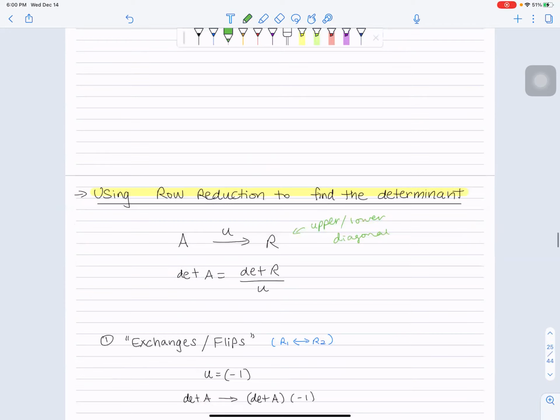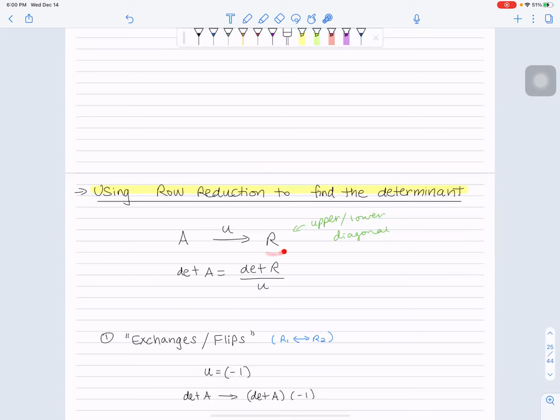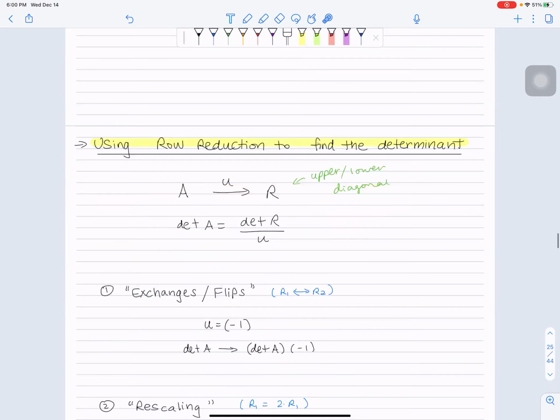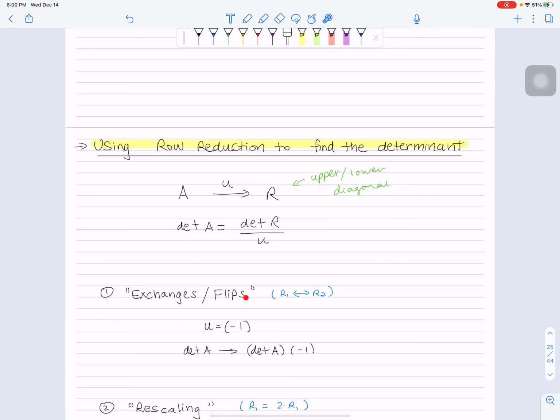So you have this nicer matrix, you take the determinant, and that's the determinant of R. But I did all those row reductions, and so I have to account for that. To get back to the determinant of my original matrix A, I have to divide by everything I did. When you switch two rows, that multiplies the determinant by -1.